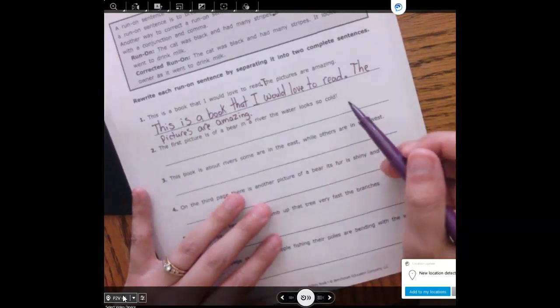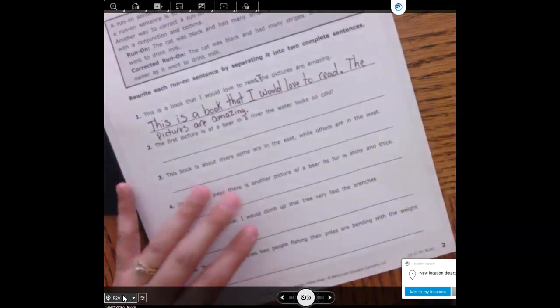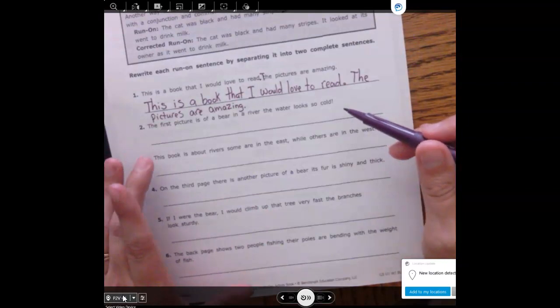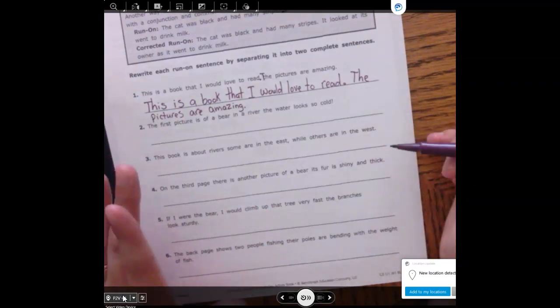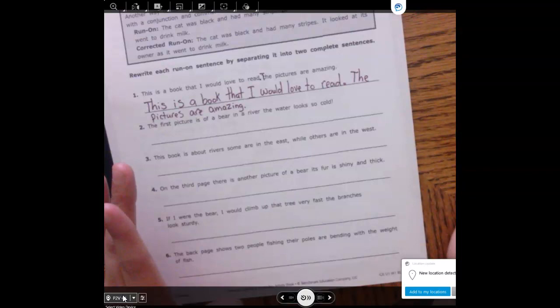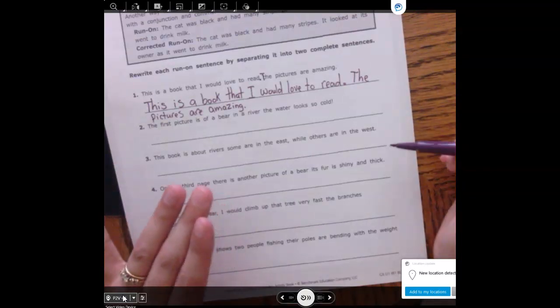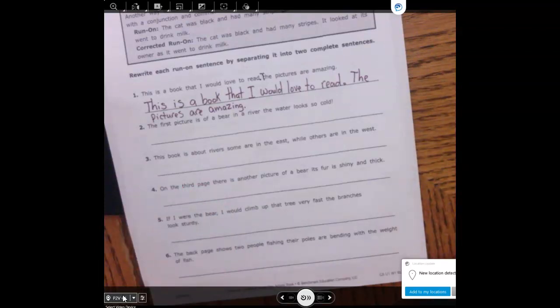Okay, here we go. This one, let's try and add a conjunction to it. Okay, so we're going to try and make this, it's still going to be one sentence, but we're going to add a comma and another word to make it make sense. So as you read these, I recommend reading them out loud and listening to yourself, seeing if you pause while you're reading it. So here we go.